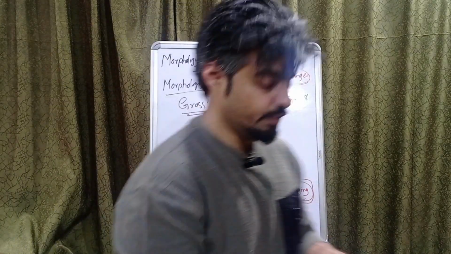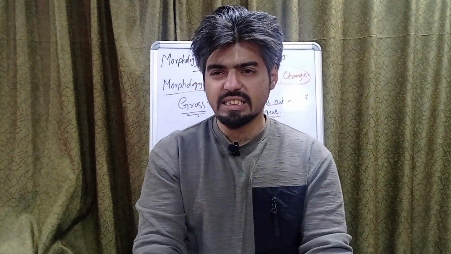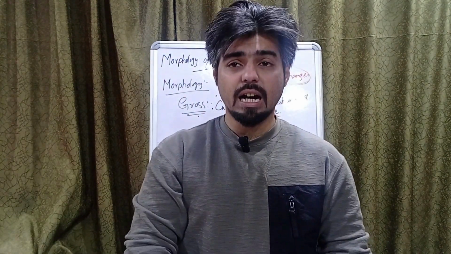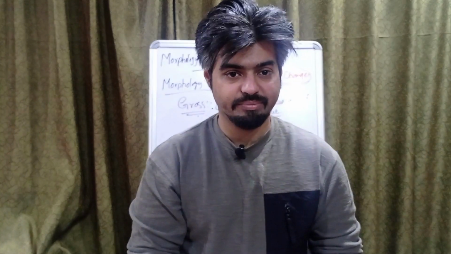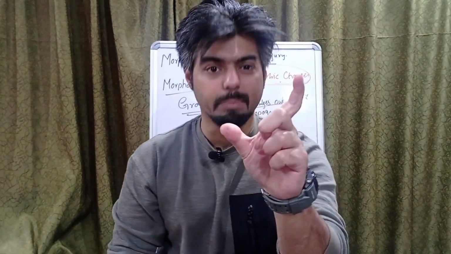Now we will jump to the next example that explains the morphology of reversible cell injury: hyaline change. Let's dig in deep, but in brief.